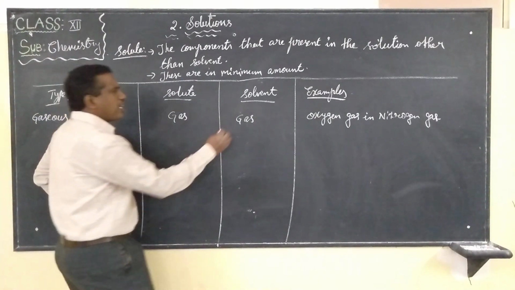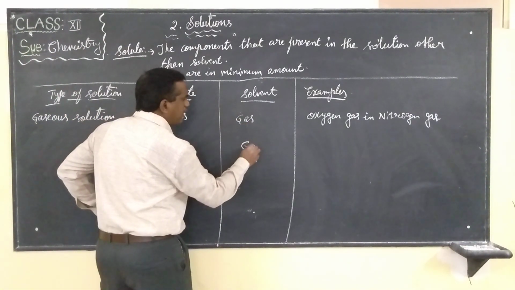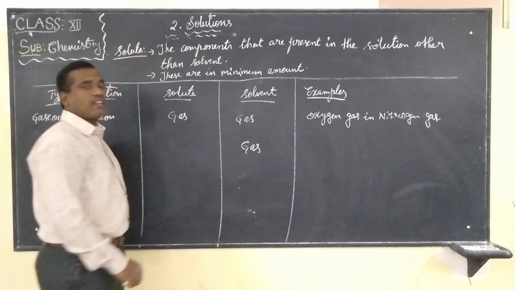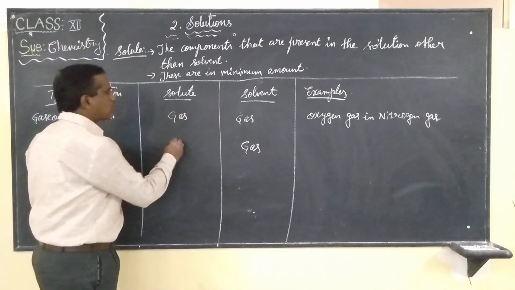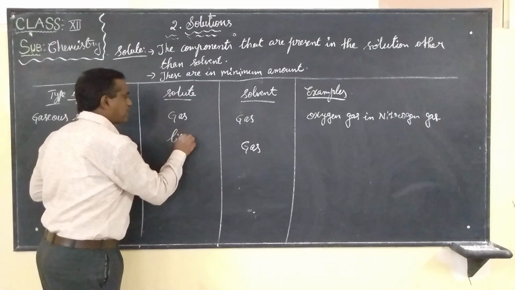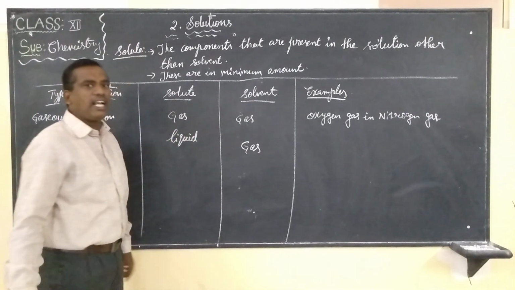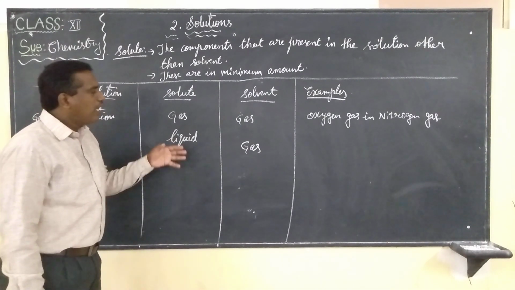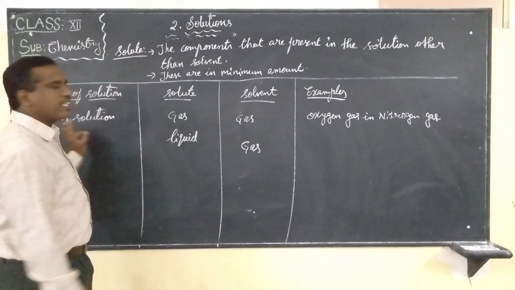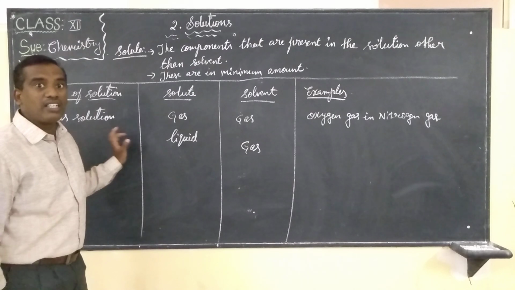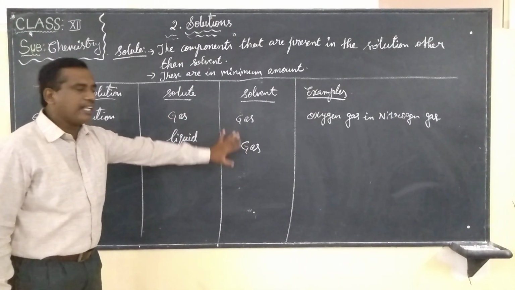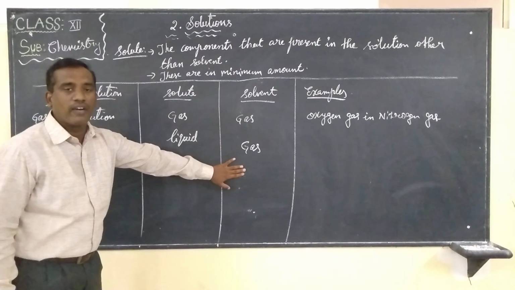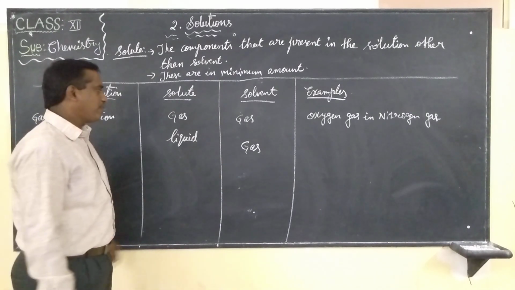Let us see even when the solvent is a gaseous substance, whereas the solute is a liquid substance. It is also called a gaseous solution because the physical state of the solution is dependent upon the physical state of the solvent.